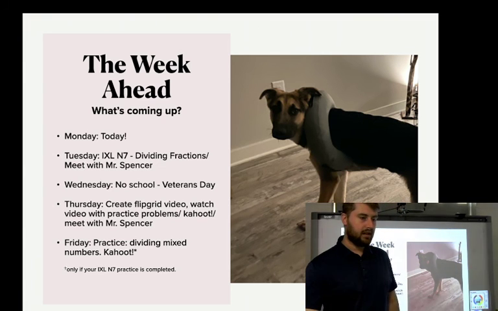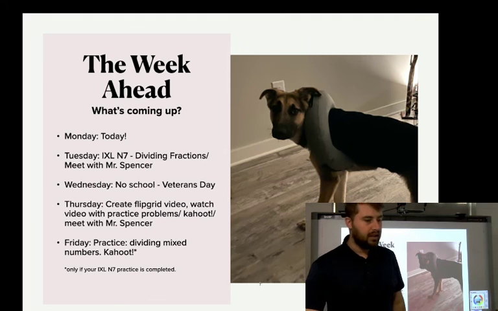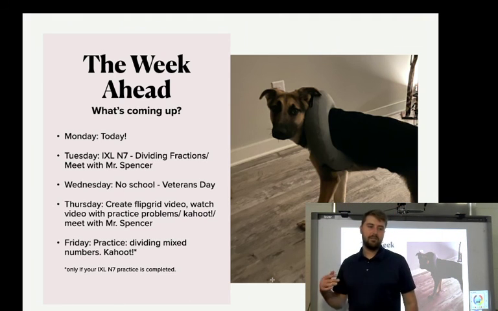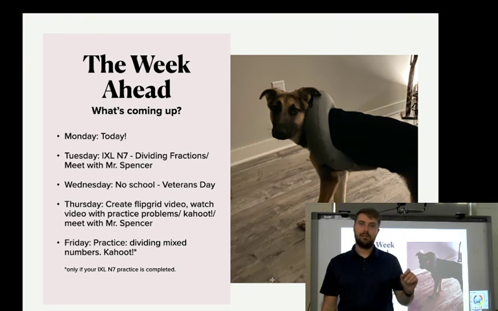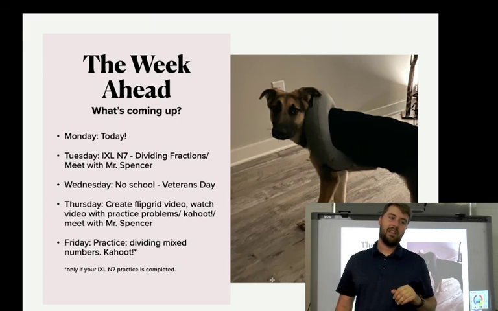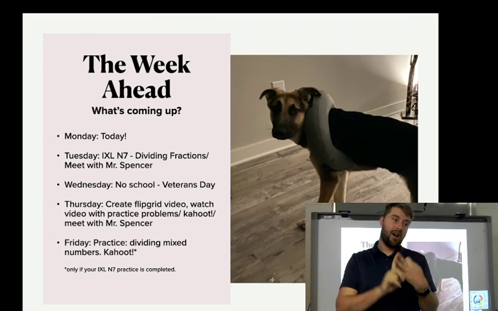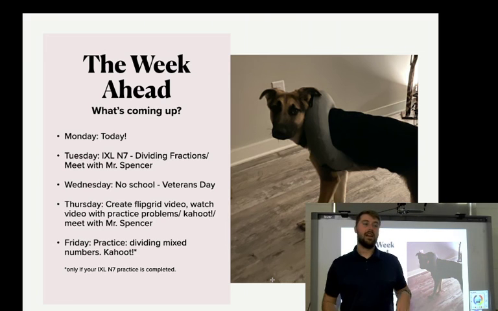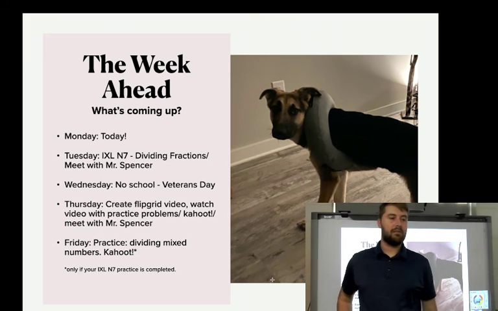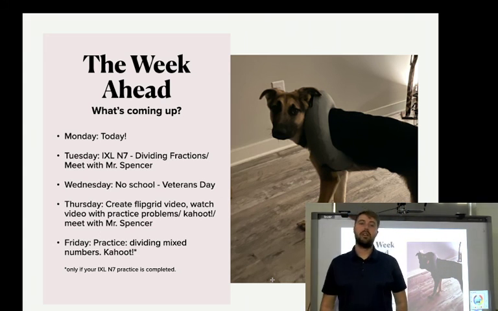And you'll see down here, you can only play the Kahoot if you have completed the IXL N7 practice. So that will be up by the end of the day today. That means you'll have this afternoon, all day Tuesday, all day Wednesday, all day Thursday to make sure you've done that and completed the IXL practice if you want to play the Kahoot on Friday.